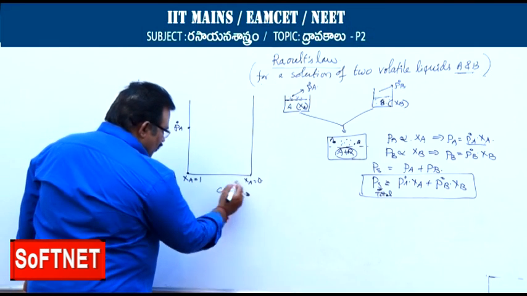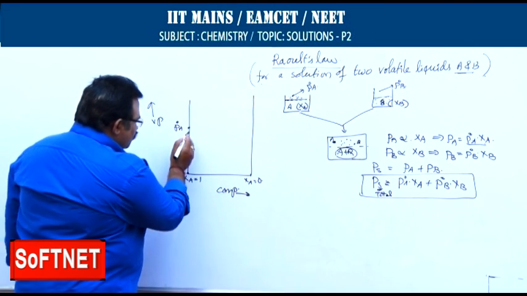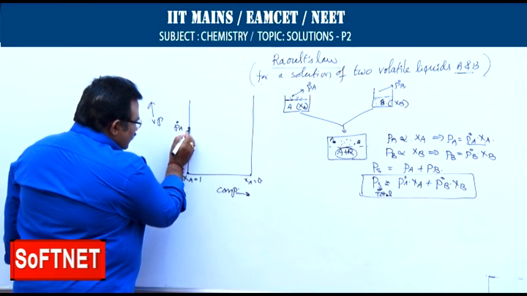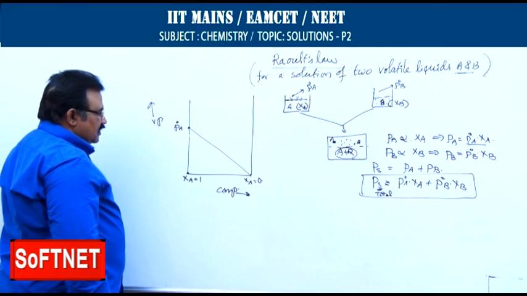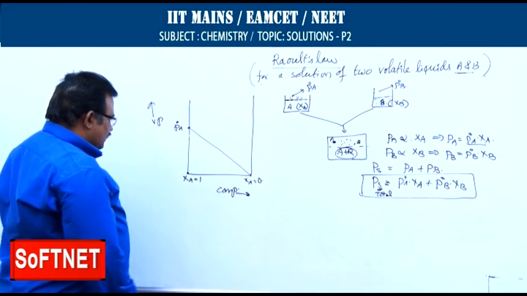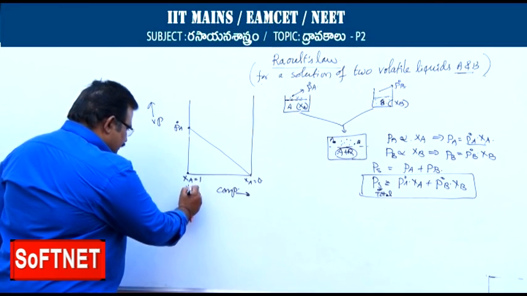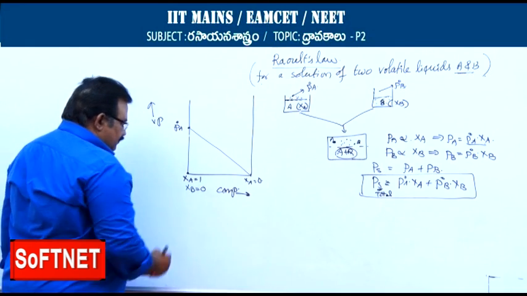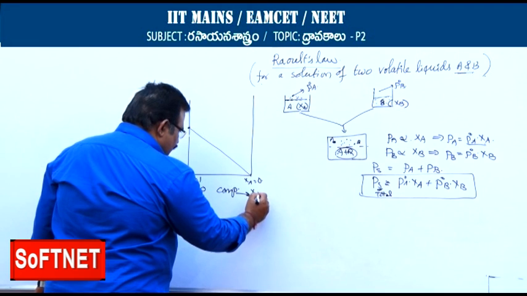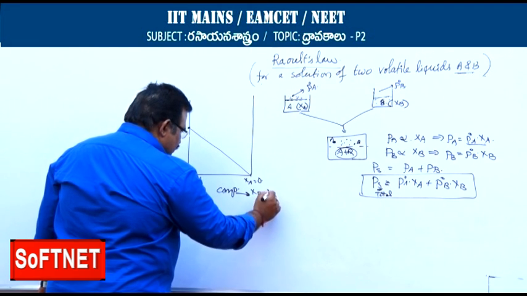As the mole fraction of that component in the solution decreases, its vapor pressure also decreases in this direction. If XB is 0, the composition of B component is 1.